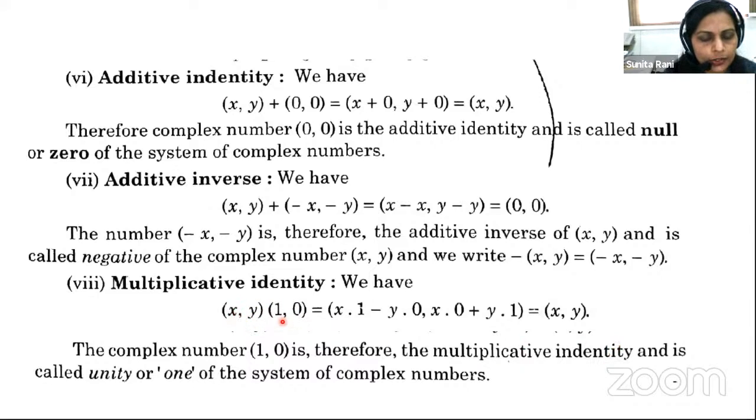If we multiply by (1, 0), meaning 1 plus iota 0, we get (x, y) itself. So x plus iota y multiplied by 1 plus iota 0, after multiplication we get real part x dot 1 minus y dot 0, and imaginary part x dot 0 plus y dot 1. So this term is 0, this term is 0, and we get (x, y), the complex number itself. We can say that (1, 0) is the multiplicative identity for the complex number.